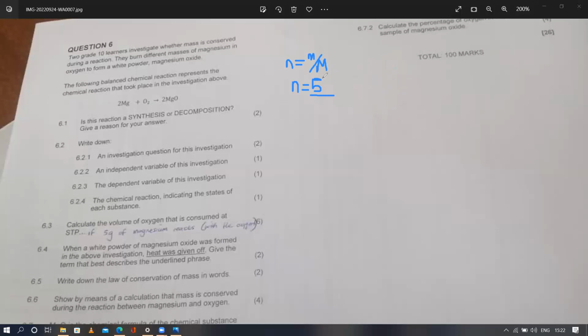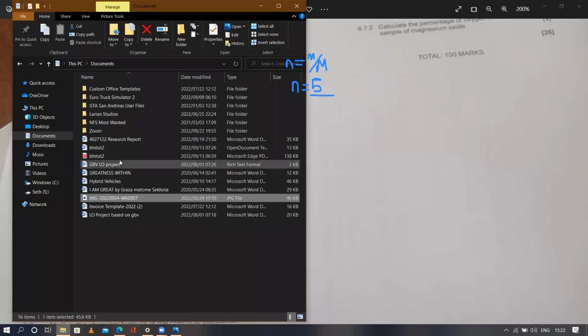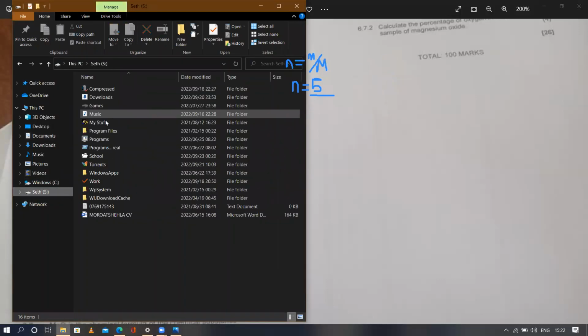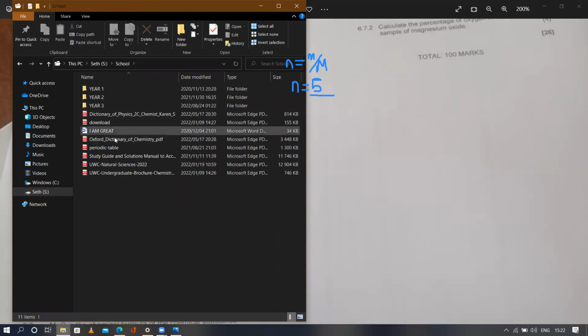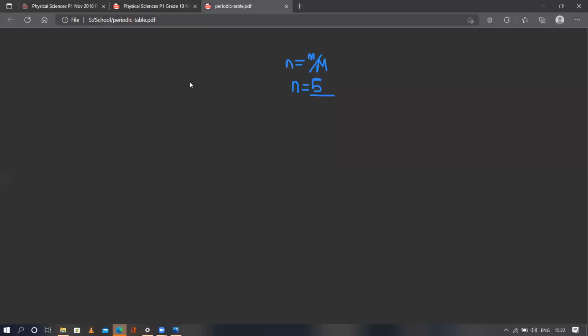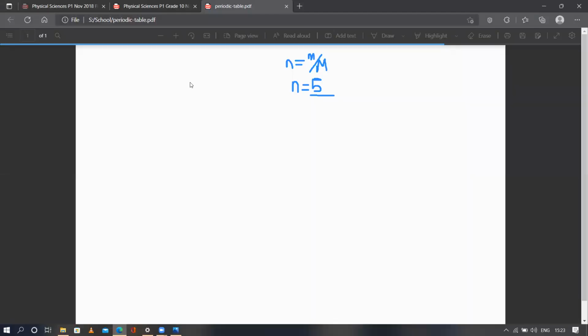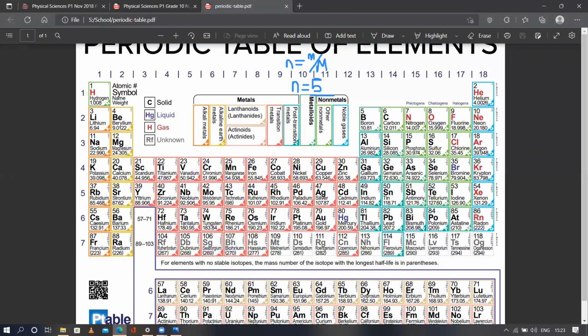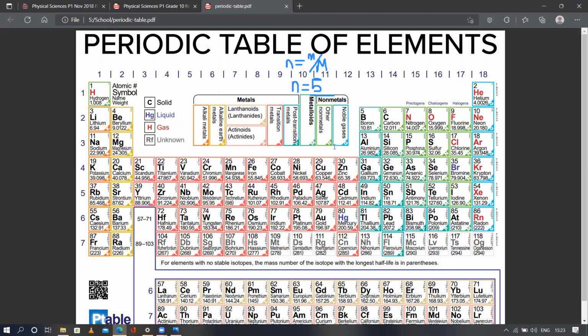So now I'm going to look at my periodic table. I think I have a periodic table on my PC. So we're talking about magnesium.